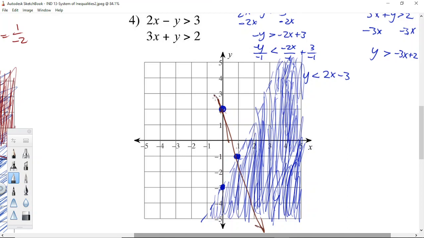Now, again, the place where these cross doesn't matter for this problem because these are just boundaries. So the place where the lines cross, that's not so important.